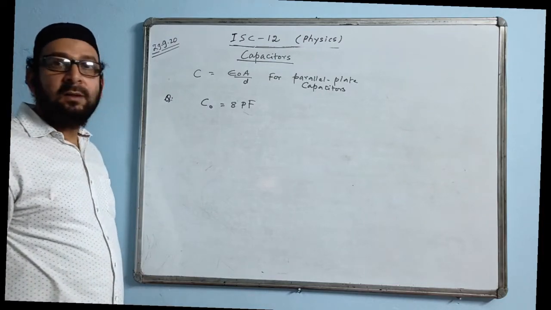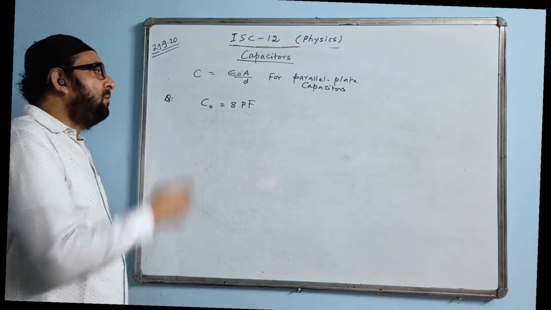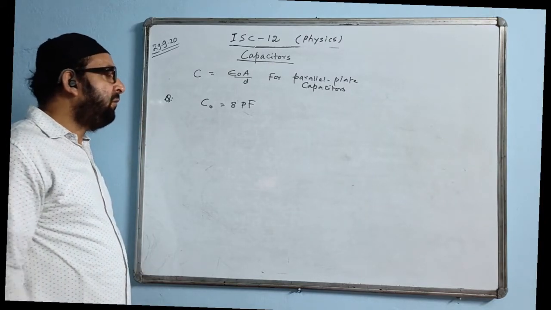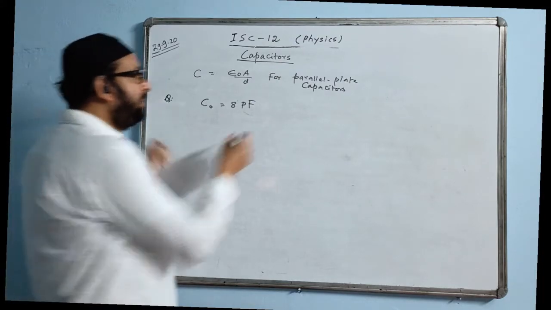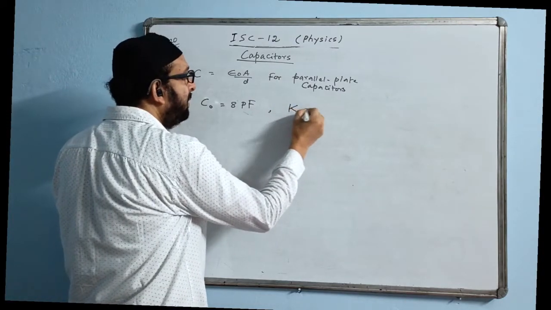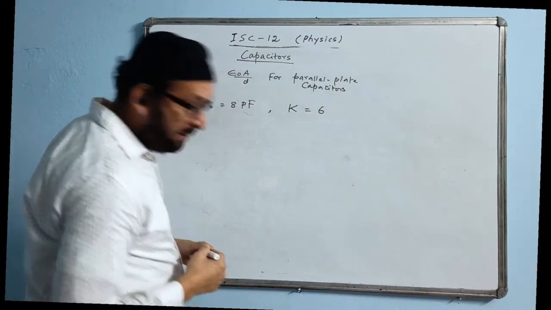So C naught value is 8 picofarad. Now what we are doing, we are filling the space between the plates with a dielectric of constant 6.